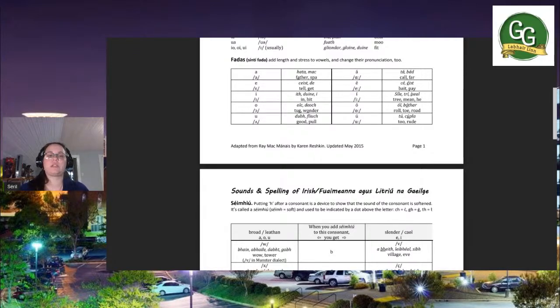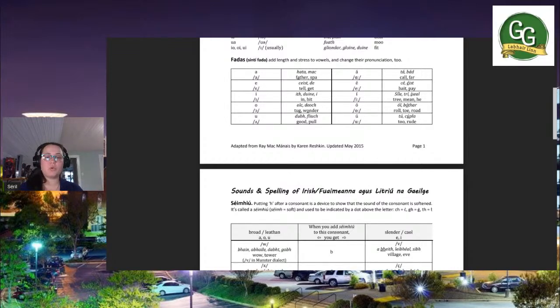So those words. And then we have the O. Think of it this way: if it's not got a fada in it, you're not going to put a lot of stress on it. So an O without a lot of stress is just going to be short, like tug, wonder. And then with the fada, it's ó, like in roll, tó, bóthar, road.